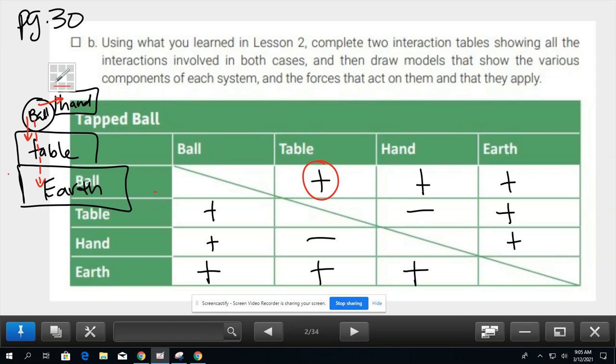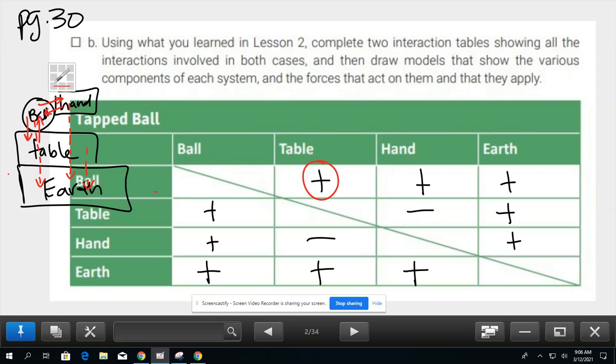We have a force between the table and the ball. Okay, so I have ball to table. Now I'm going to go table to ball. We have a force between the table and earth. So I have a force between table and earth. That is acting at a distance, so it's a dash line. To hand, we have a force between the hand and the ball. So I'm going to go hand to ball. We have a force from hand to earth.